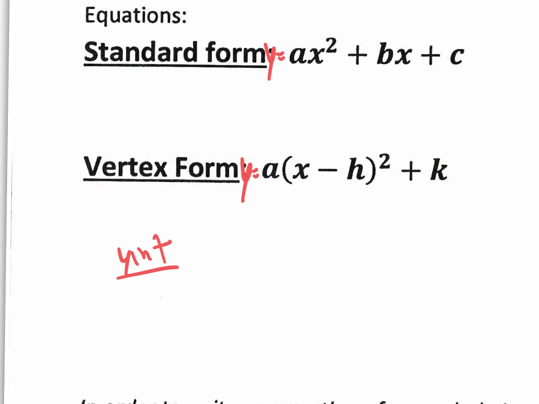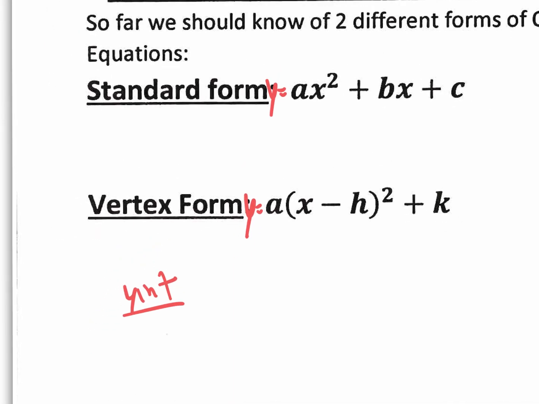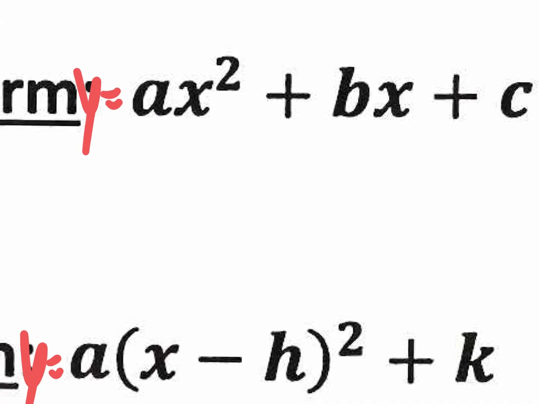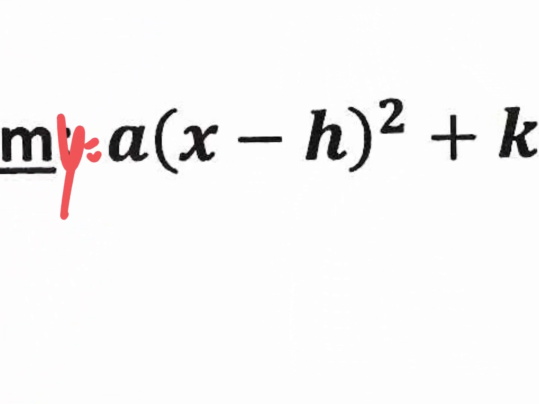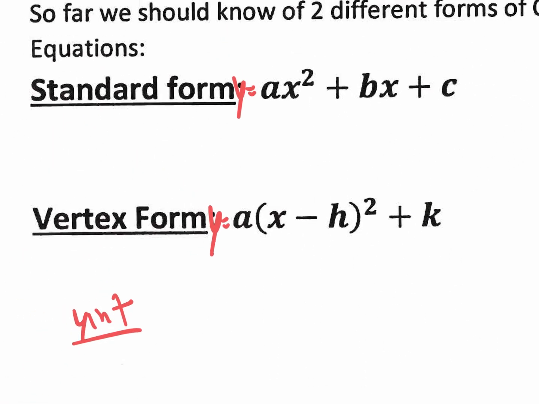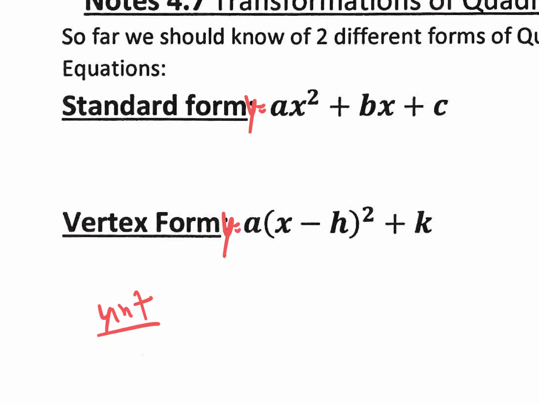So on this section, we want to be able to take a standard form equation and make it look like vertex form, okay? So there's many, many ways of doing this. There's many methods that I've taught in the past, but we are trying to catch up to the other classes, so I'm just going to teach you the direct, quickest way, right?